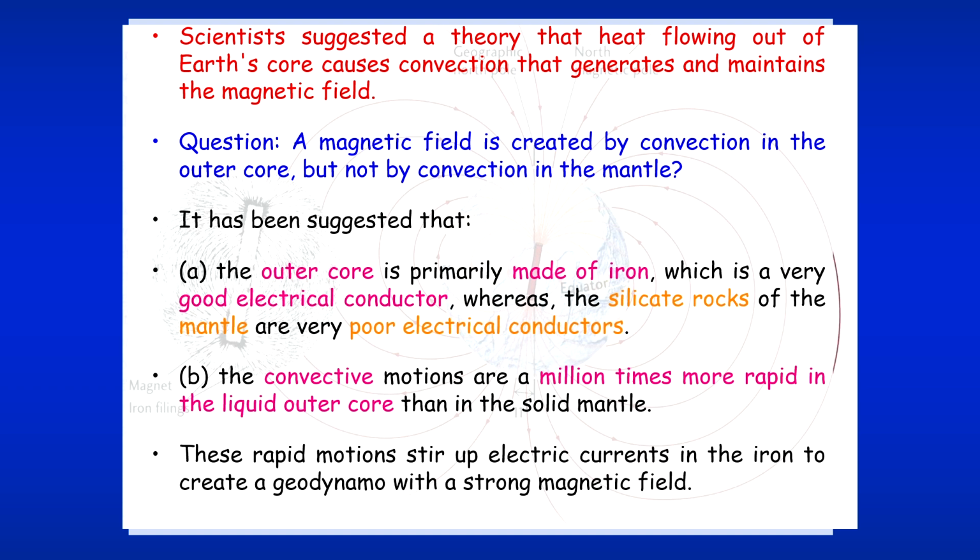This rapid motion stirs up electric current in the iron to create the geodynamo with a strong magnetic field. This was one of the answers to the question that was raised.